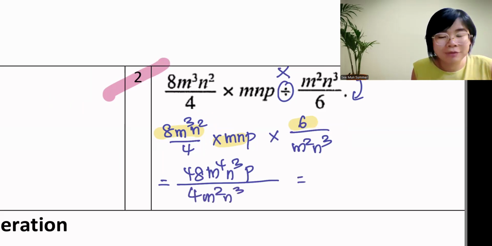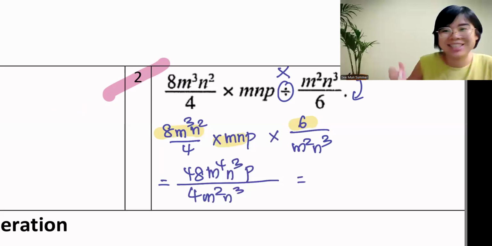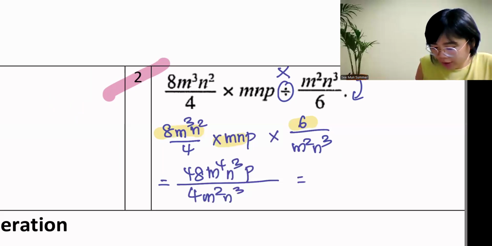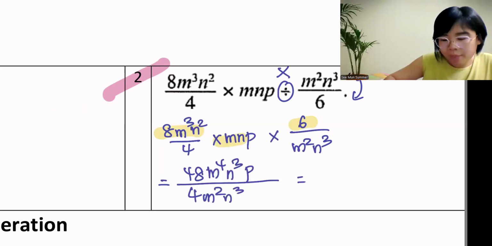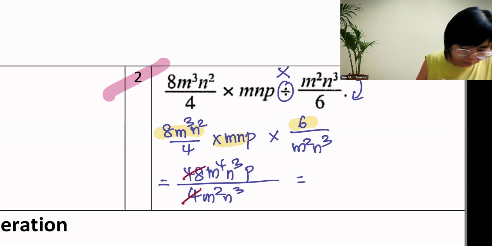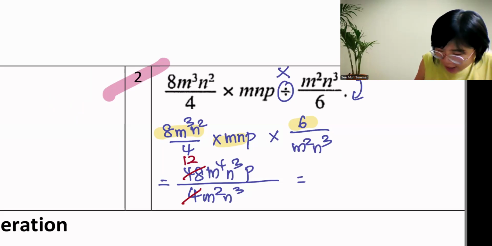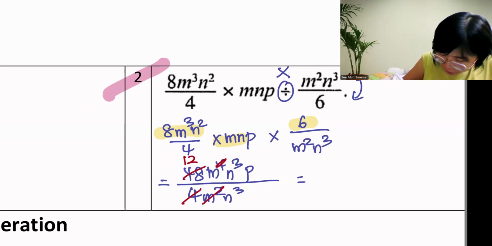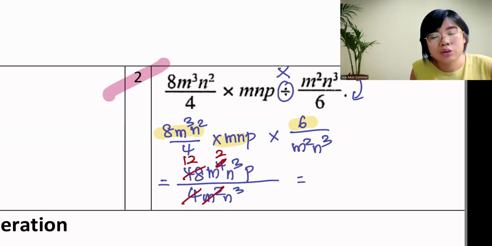Okay, now is the most fun part, which is you factorize. So when you factorize, right, I prefer to use a different color, so it makes me more focused. Okay, so 48 divided by 4 will be 12, correct? And then m^2 might divide m^4, so no more m^2 below, so I still will have m to the power of 2, because the 2 is already gone.